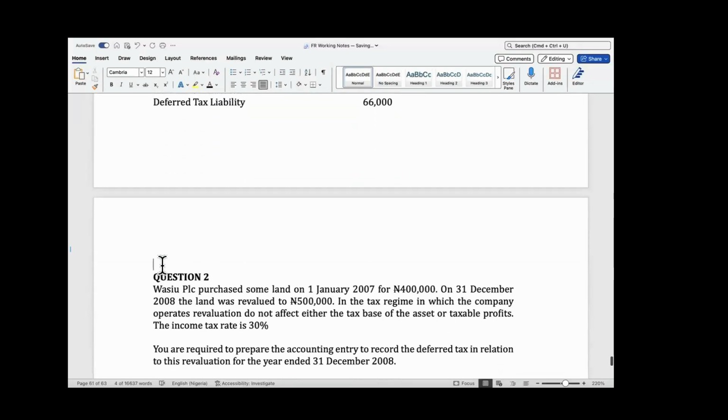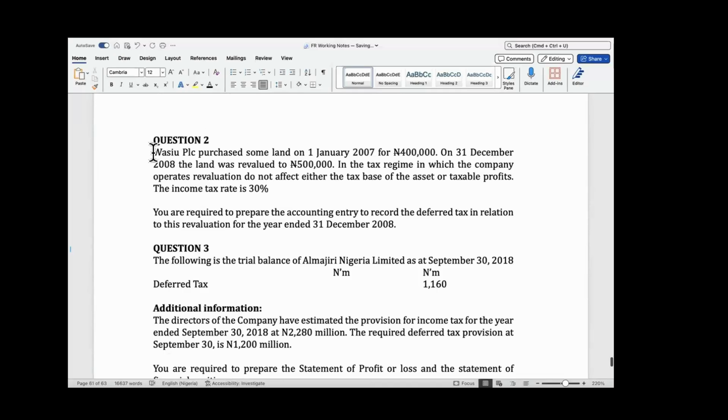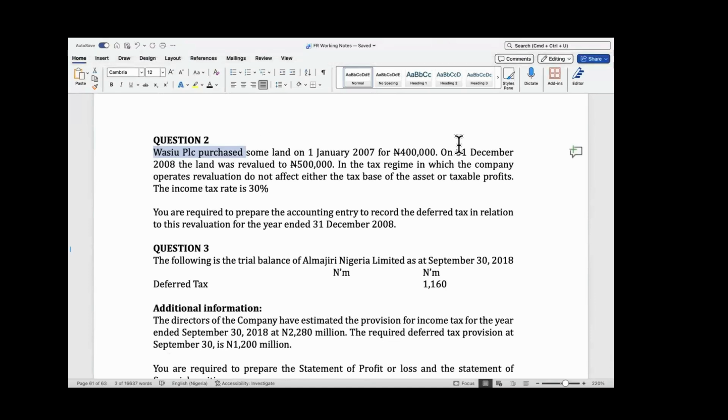Now, let's look at another context. Now, look at this. It says that Wasi PLC purchased some land on 4th January 2007 for 400,000. On 31st December 2008, they revalued the land to 500,000.